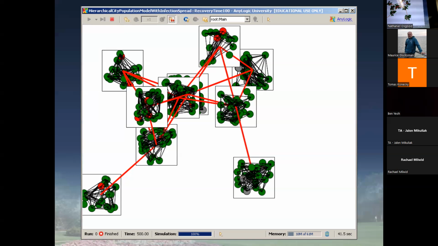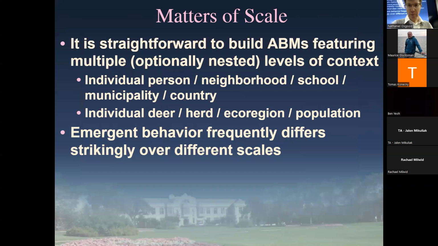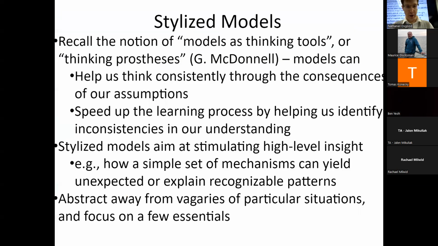And this is very readily accomplished within ABMs. So we have these levels of context: persons, neighborhoods, schools, municipalities, countries. And in AnyLogic in particular, this is really easy to capture. You can have this sort of nesting of context.